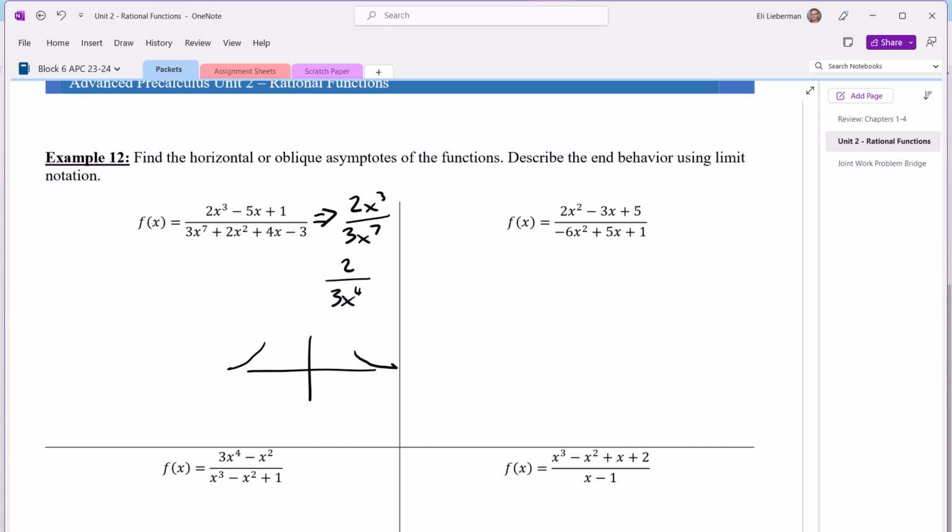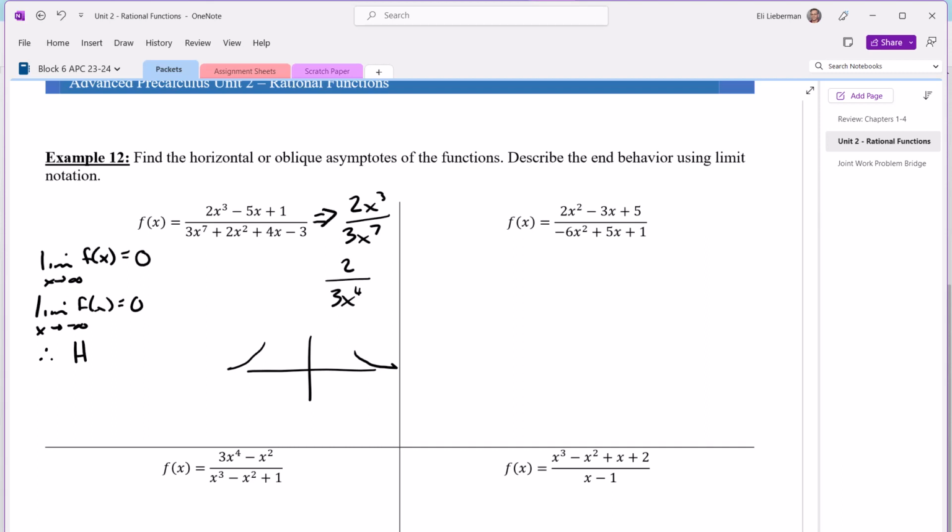So let's put all this information together. The limit as x goes to infinity of this function is equal to 0. The limit as x goes to negative infinity of f of x is equal to 0.